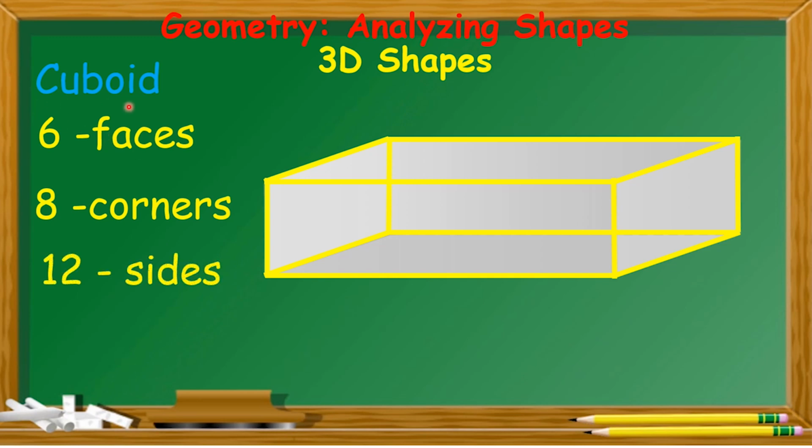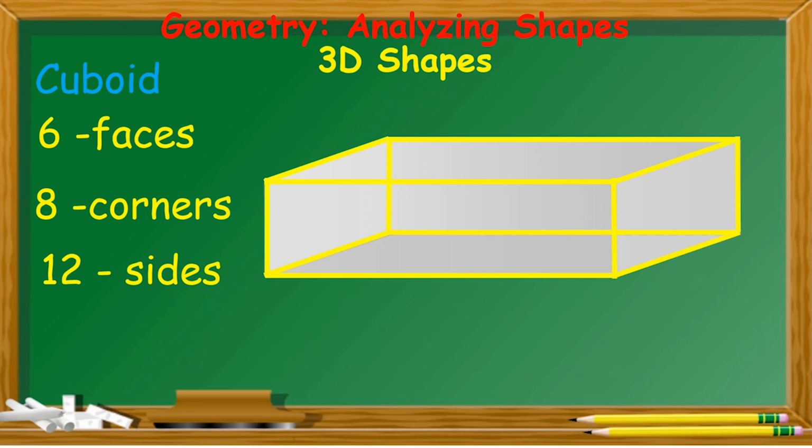So cuboid has 6 faces, 8 corners, and 12 sides. These are the sides: 1 to 12. So it has 12 sides.